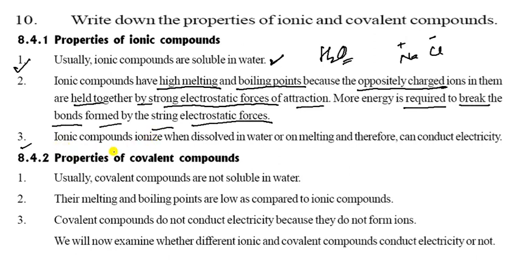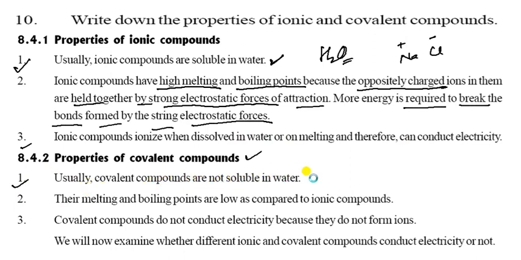They attract each other. Ions in them are held together by strong electrostatic force of attraction. More energy is required to break the bonds formed by the strong electrostatic force.